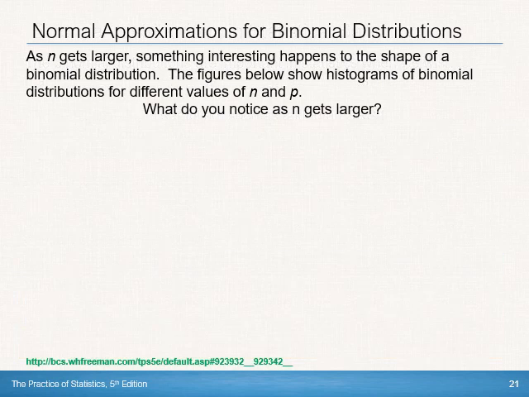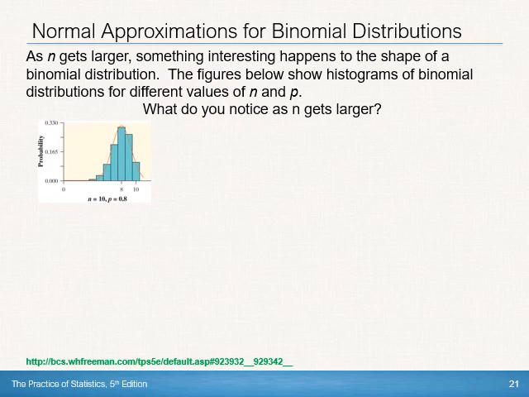All right, so sometimes we're going to be able to approximate a binomial distribution using a normal distribution. So you can see here is a binomial distribution. It is skewed to the left. On top of it, I have a red normal curve to compare.